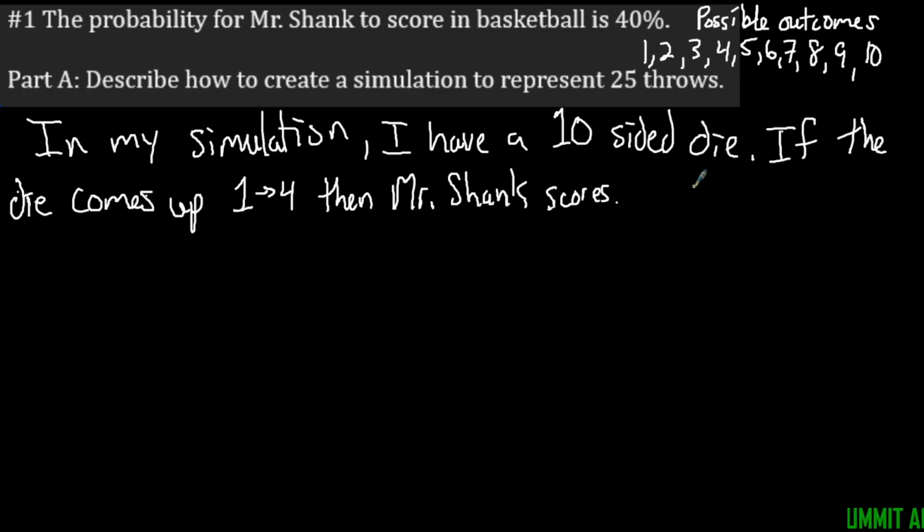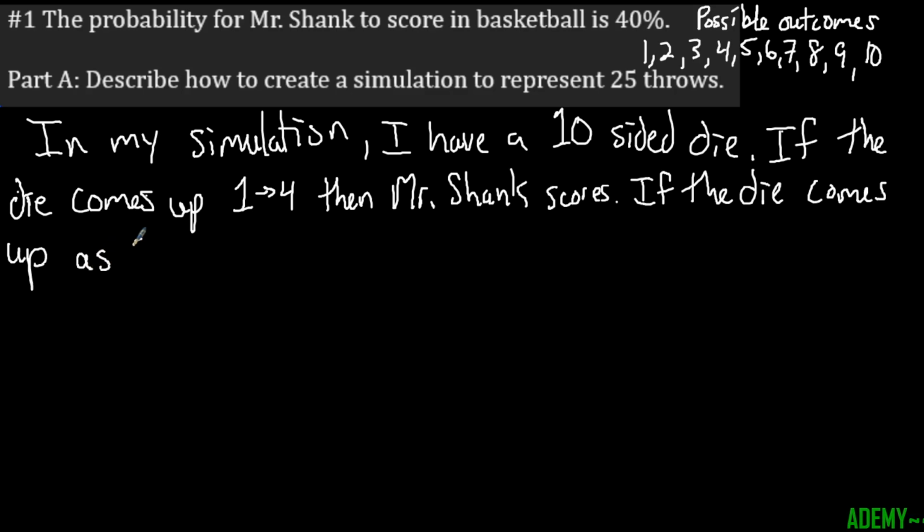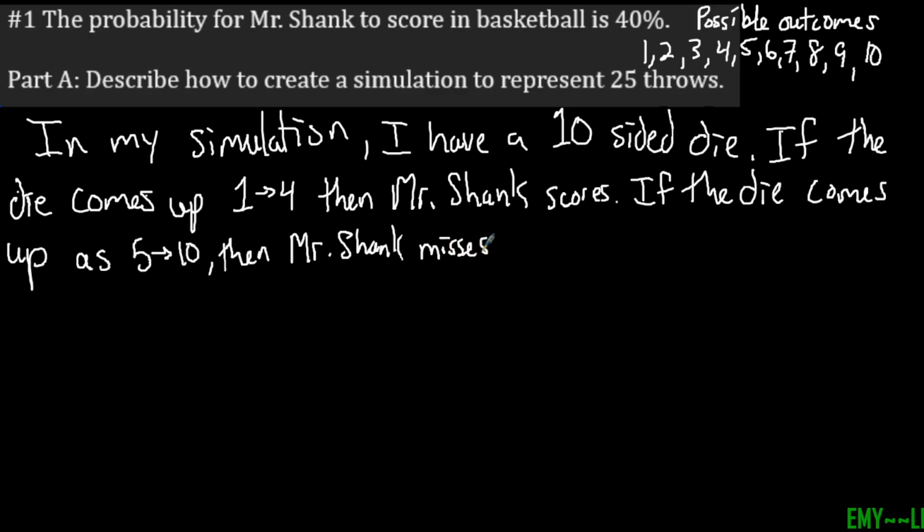Then if the die comes up as a 5 through a 10, I'm just saying 5, 6, 7, 8, 9, or 10, any of those possible ones, then Mr. Shank misses the basket.